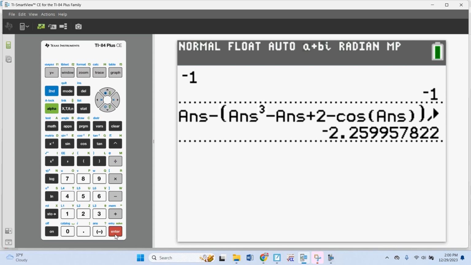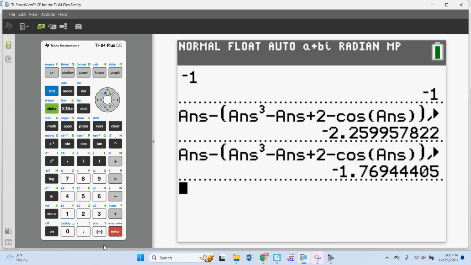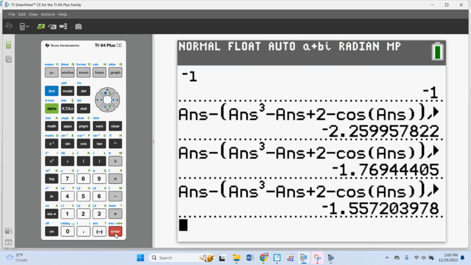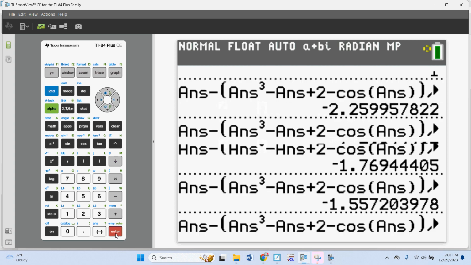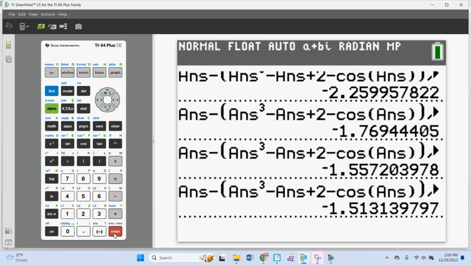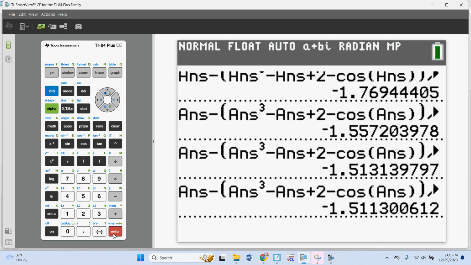That's my second term. My third term is negative 1.769444. Write down the first 6 or 7 terms. There's my third. There's my fourth. There's my fifth. You know, it's still changing. There's my sixth, still changing.